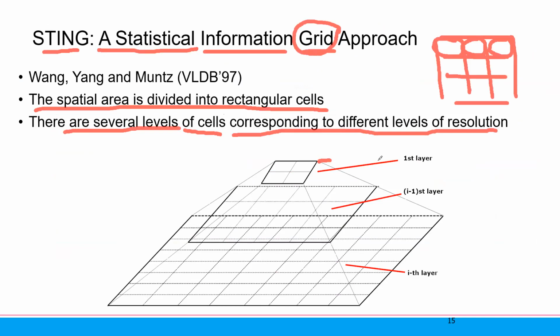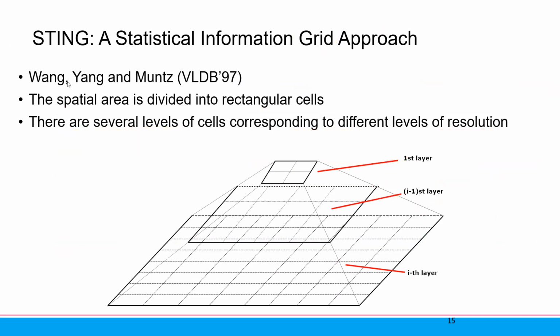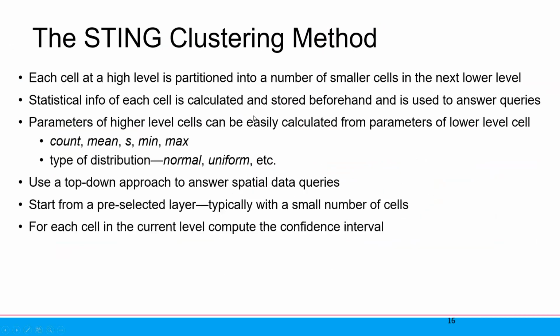Let's say this is the first layer or the top layer. You can go down, this is the i-1 layer, and you can go down again, this is the i layer. In the STING clustering method, we want to look at every cell.